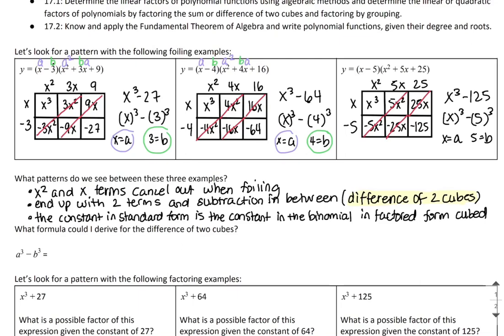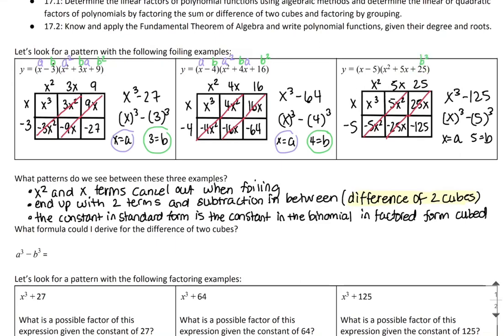But if I compare the two examples, this 9 and this 16, well, 9 is b squared, and 16 is also b squared in that example. For the first example, it's 3 squared, and for the second example, it's 4 squared. And if I look at the third example, I also see this number here is b squared.